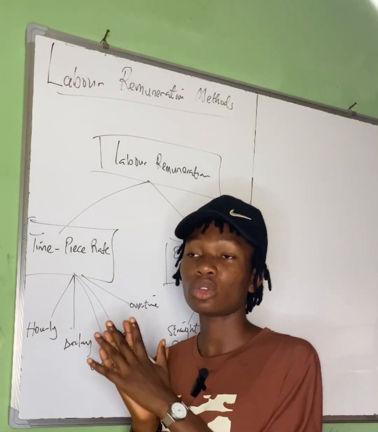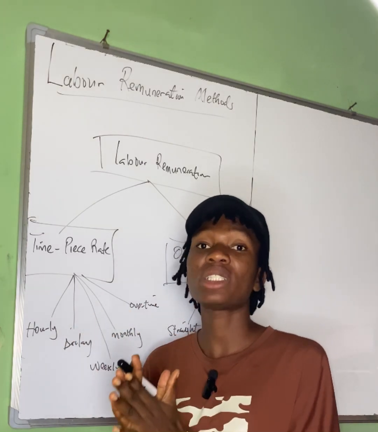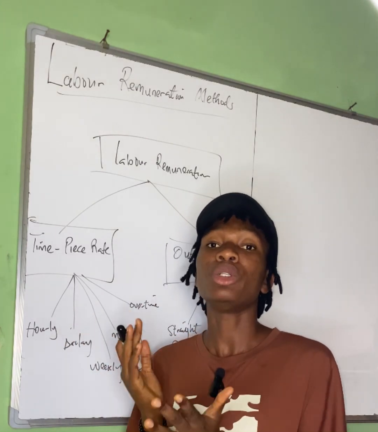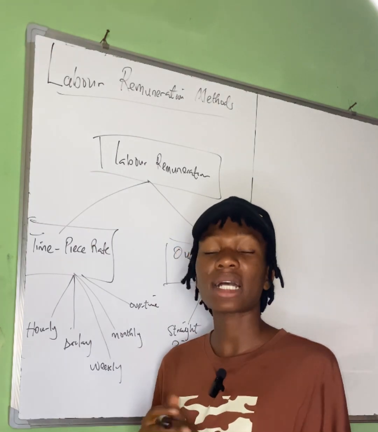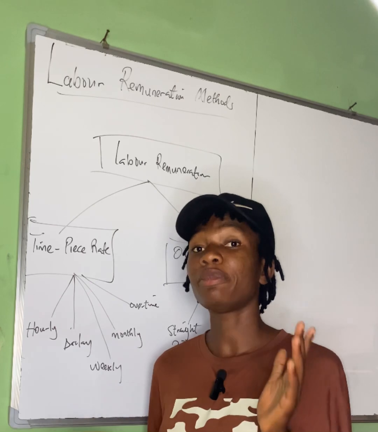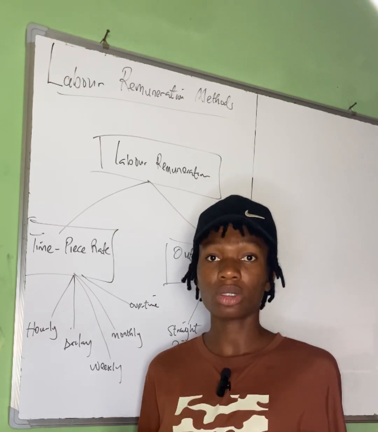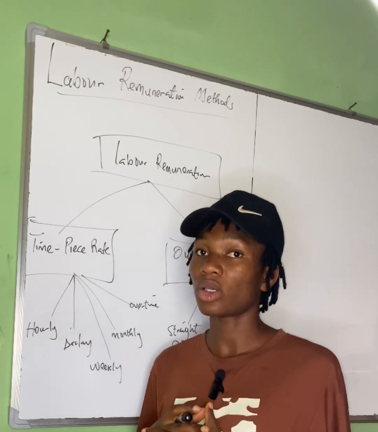It is a graph to help us explain the labor remuneration method in detail. This is how laborers or workers in an organization are paid, the two basic methods that we use in paying workers.